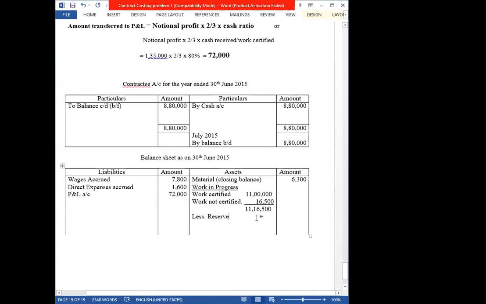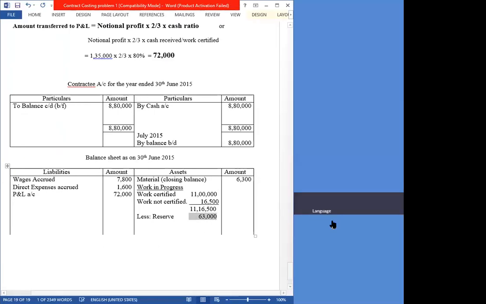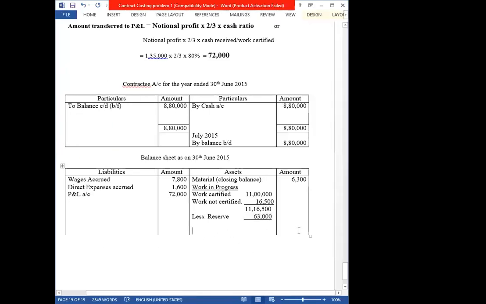So 63,000 is the amount I am going to deduct. Underline this. Write the amount remaining in the same inner column only. Somebody please tell me the amount. So how much is it coming? 10,53,500. Is there any doubt?